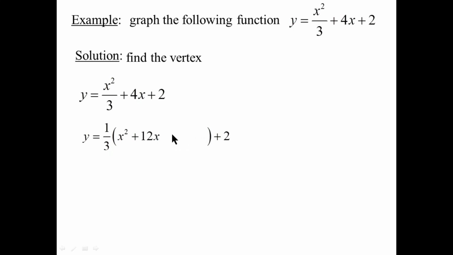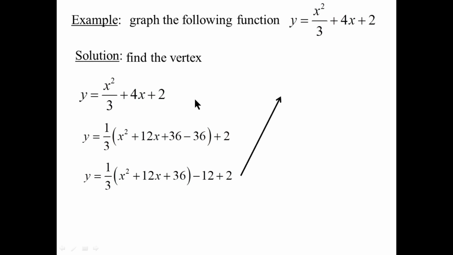Now we have to complete the square. Take 12, cut it in half, square that, add it and subtract it. So it'll be plus and minus 36. Next, 1/3 will multiply by minus 36 and become the number minus 12. Repackaging the square.